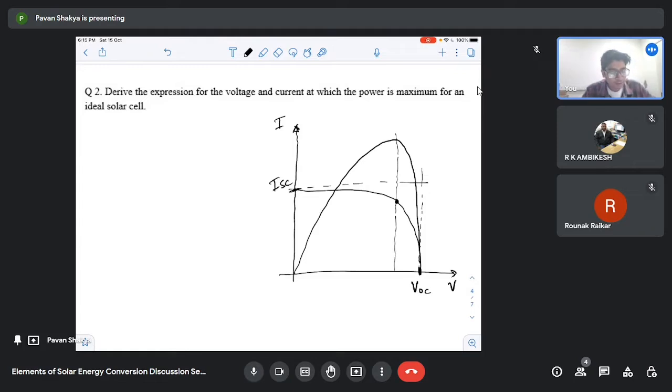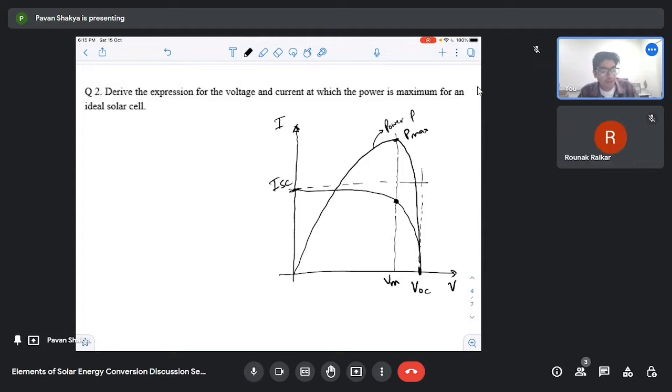Okay, so this curve is for the power, that is P. And this is the point where the power is maximum, Pmax, and corresponding to this Pmax, this is the voltage that we denote as Vm, and the current is Im.